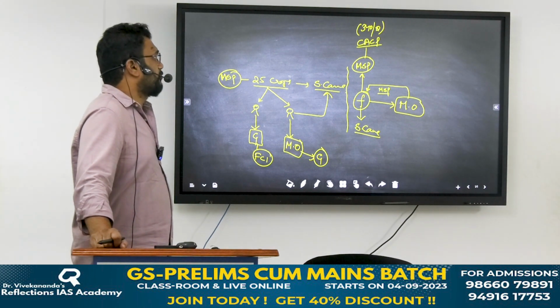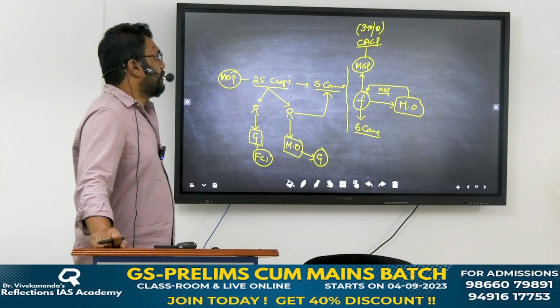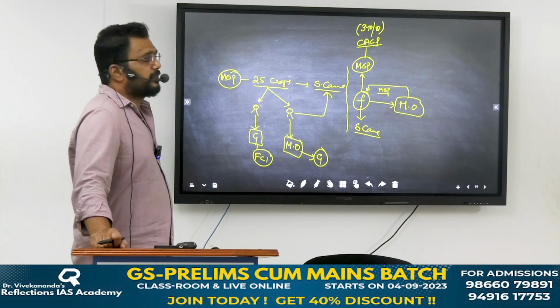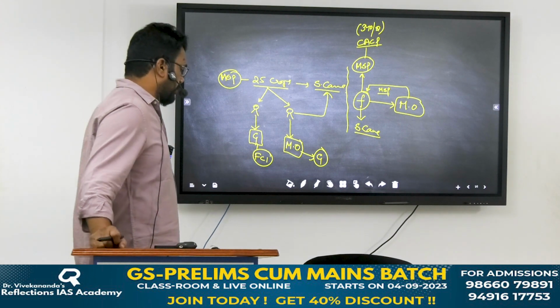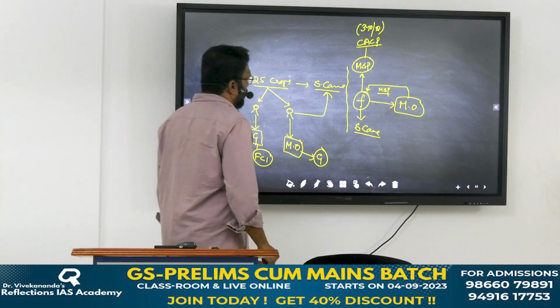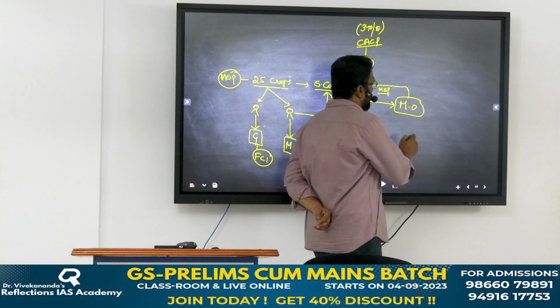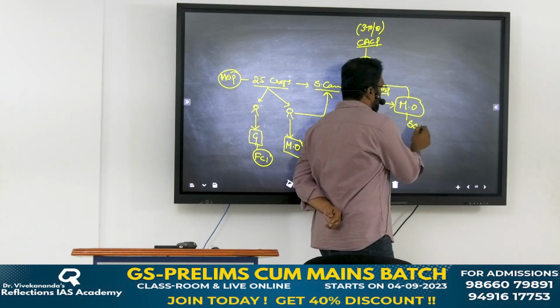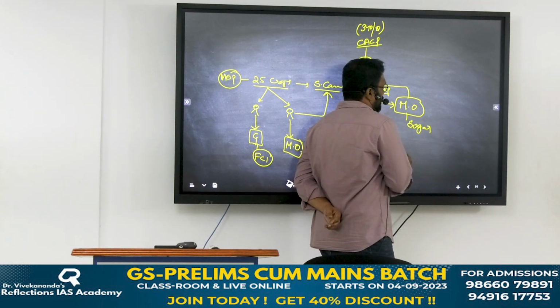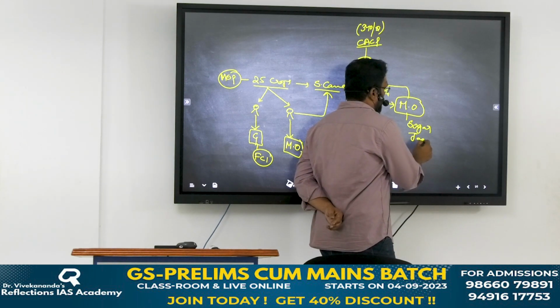Next, after this, now mill owners, as they have given MSP, now what is the product which they make out of this sugarcane? One is sugar, second one is jaggery, third one is ethanol.